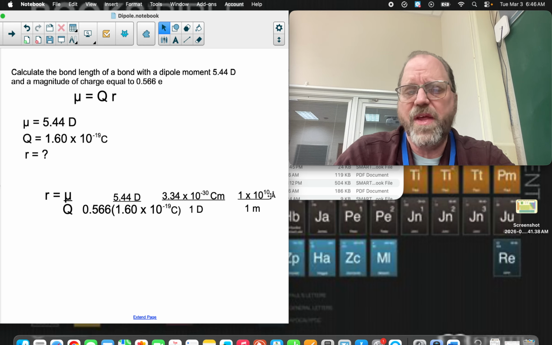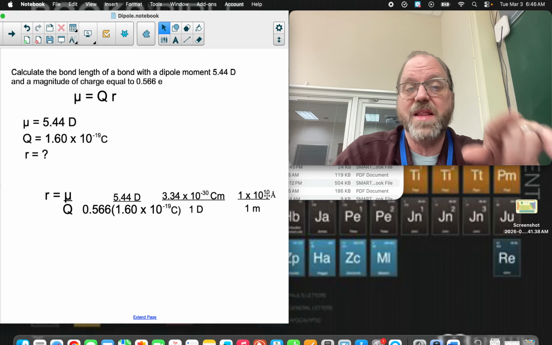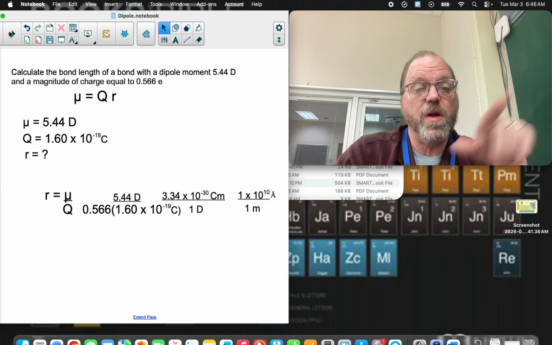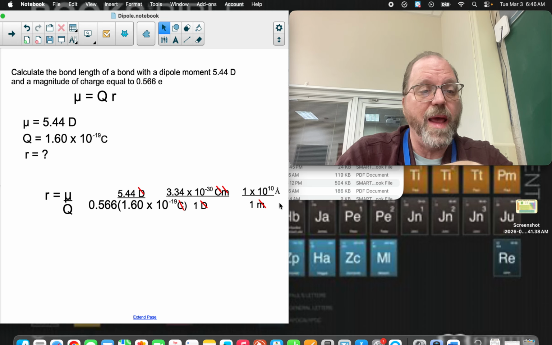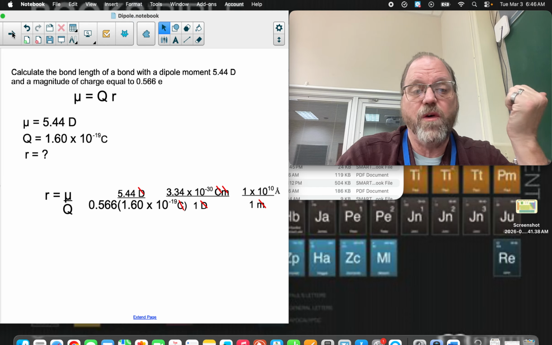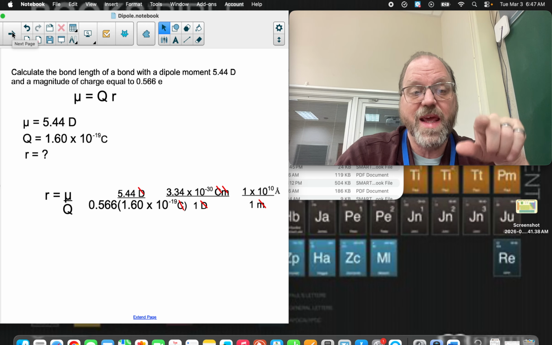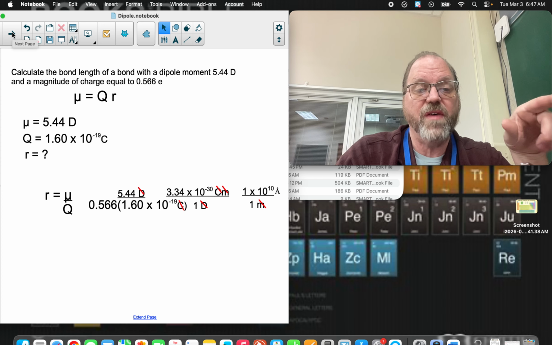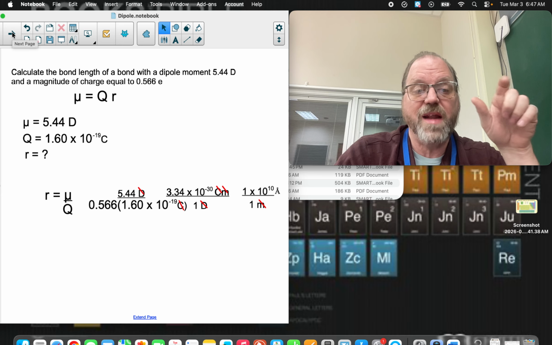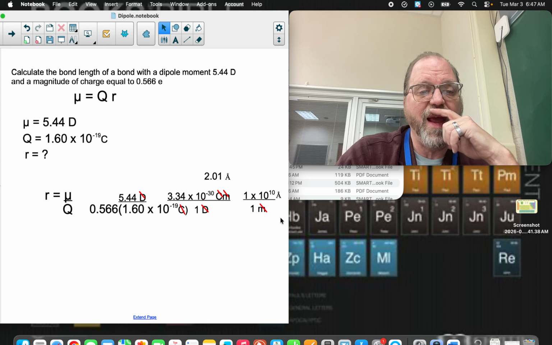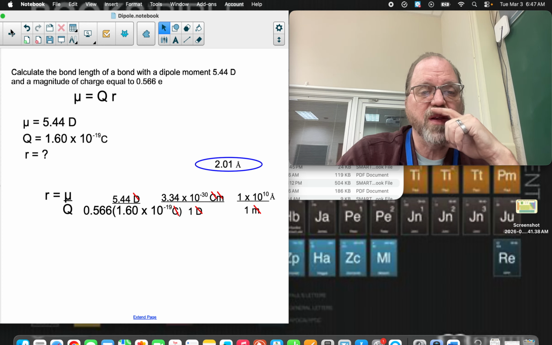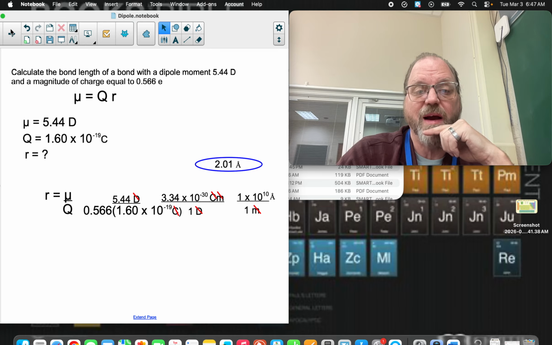Before, I said 1 times 10 to the negative 10th meters is 1 angstrom, so 1 times 10 to the 10th angstroms is 1 meter. My Debyes cross out, my coulombs cross out, meters cross out, and I'm left with angstroms. So we take 5.44 times 3.34 EE negative 30 times 1 EE 10, divide by 0.566, divide by 1.60 EE negative 19. How many sig figs? We're going to have 3 sig figs. The answer is 2.01 angstroms.